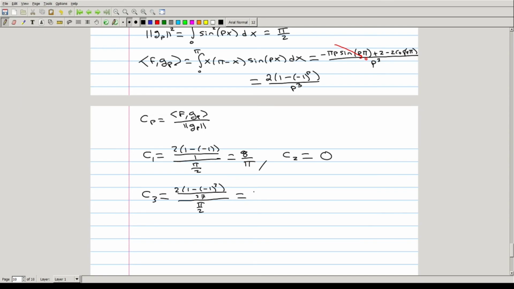And this simplifies to 8 over 27 times pi. And then similarly, for the same reason as C2, C4 is also 0, because 1 minus negative 1 to the 4th is 0.